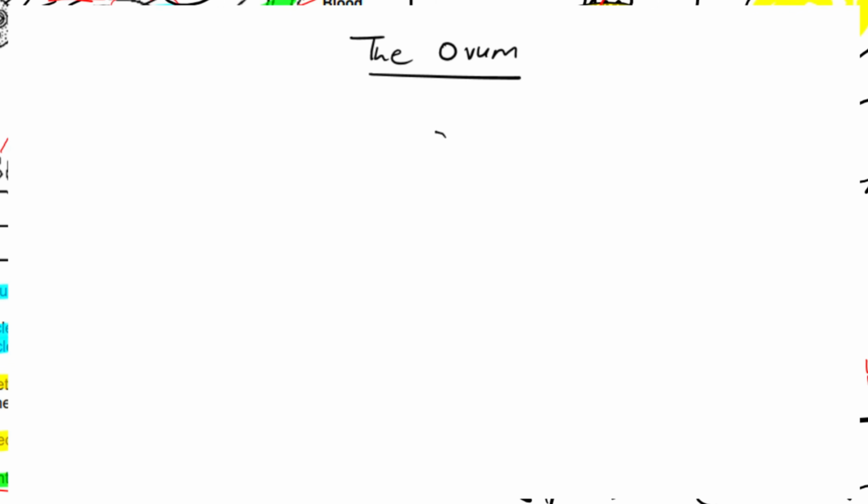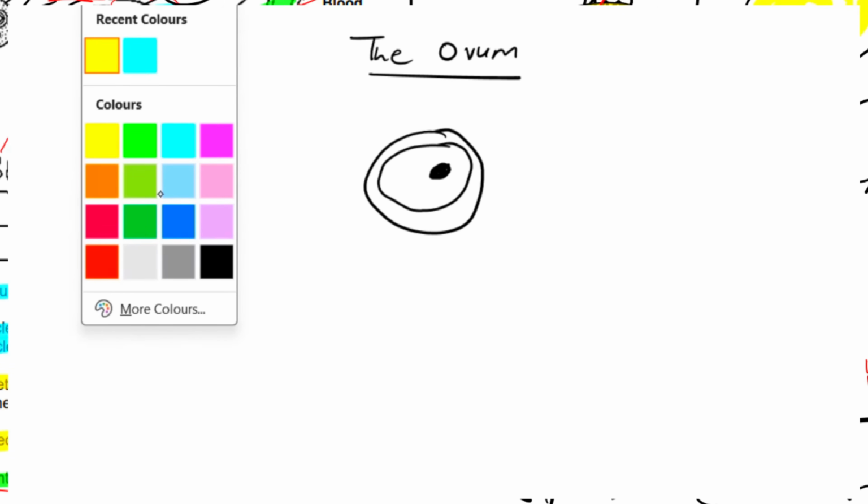Remember, the ovum is an egg cell, it is round, and it has got a couple of layers. Let me just do something like this, and it has got some structure here. Now let us apply some color so that it becomes a bit better.